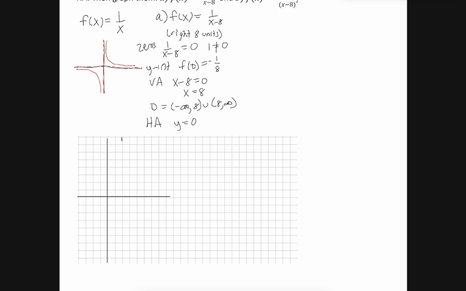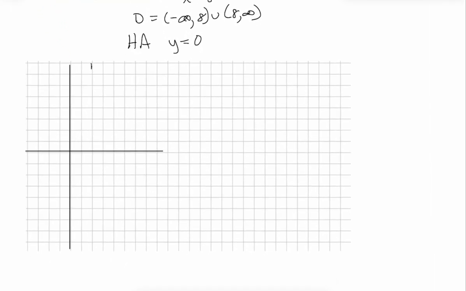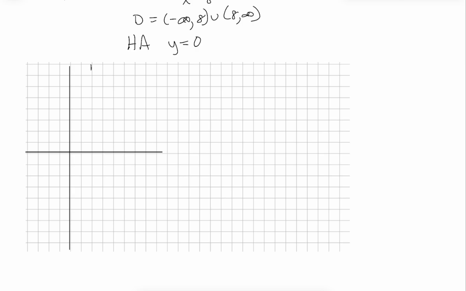Yeah, that's pretty good. Okay, so just when I graphed our original function, when I graph this, I always put on my asymptotes first. So over at positive 8, I need an asymptote.